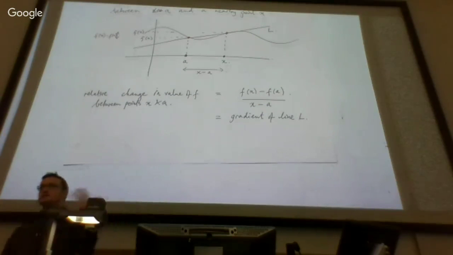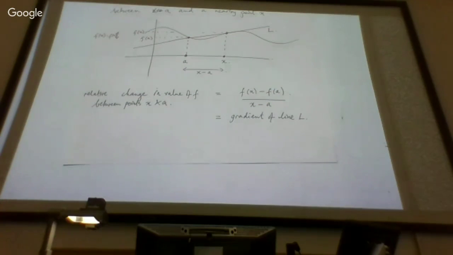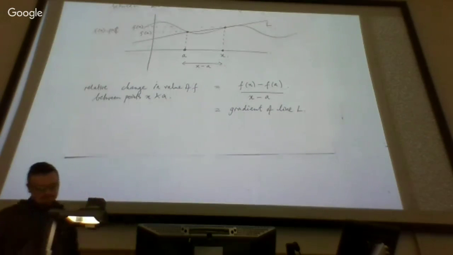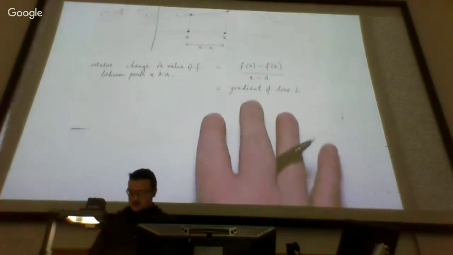And in the theory we've built up to now, when we looked at sequences, series, functions, we talked about the limiting values of these objects. So this gives us the definition of the derivative.